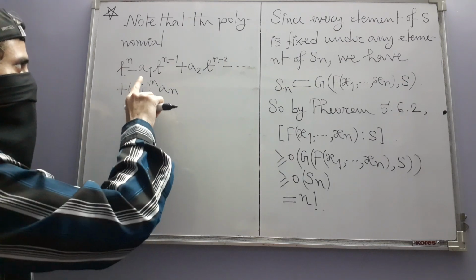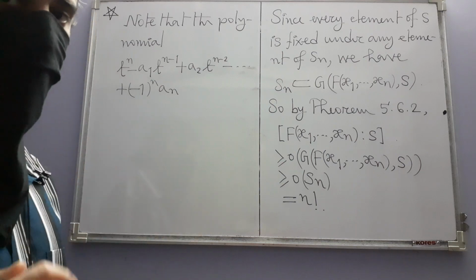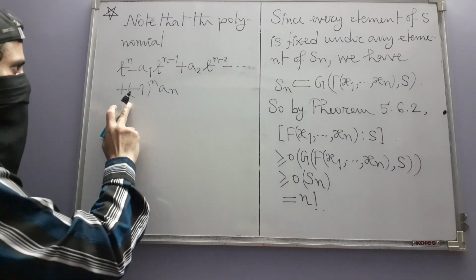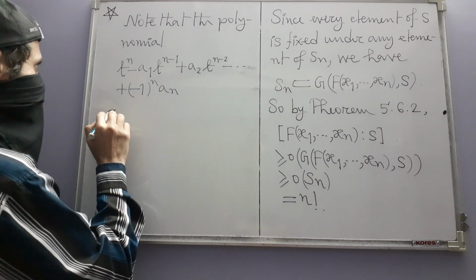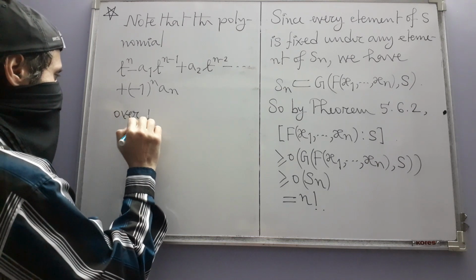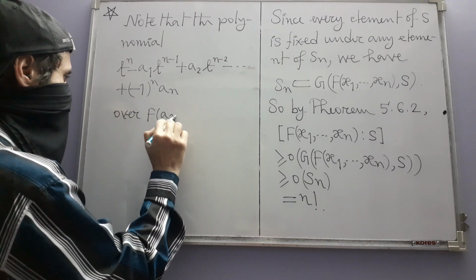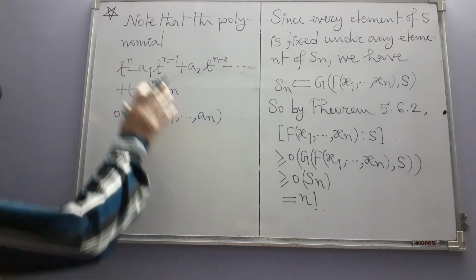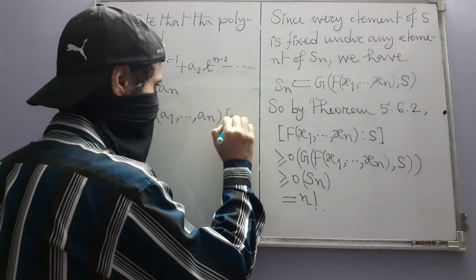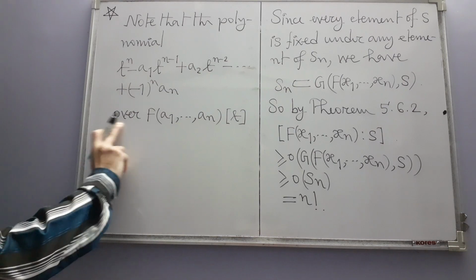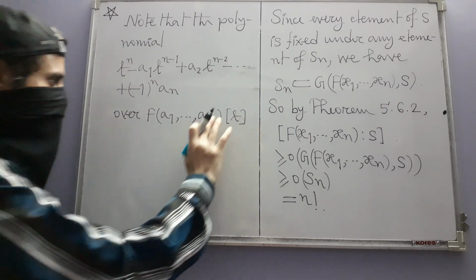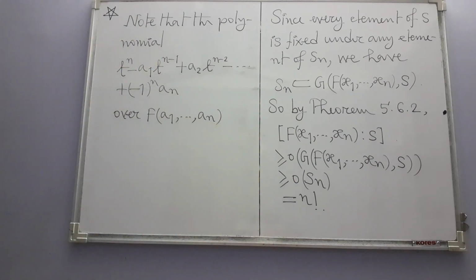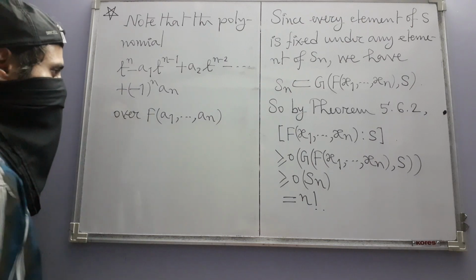This is a polynomial whose coefficients are the elementary symmetric functions in the indeterminates x1, x2 up to xn. So this is a polynomial over this extension of F. That means this is a polynomial in this polynomial ring. If we wanted to write in a ring, we would have written this. However, we have written over. So we just write the underlying field. Okay, over this field.